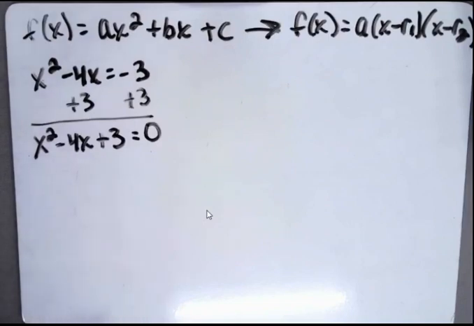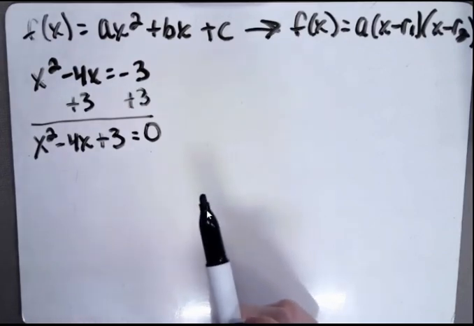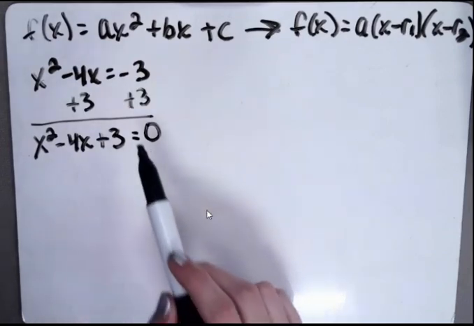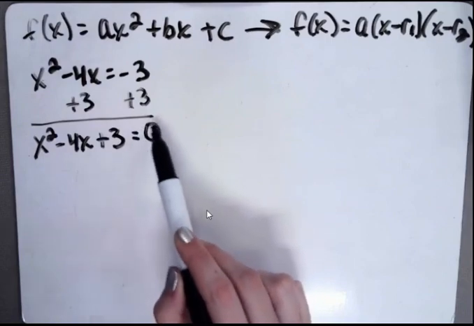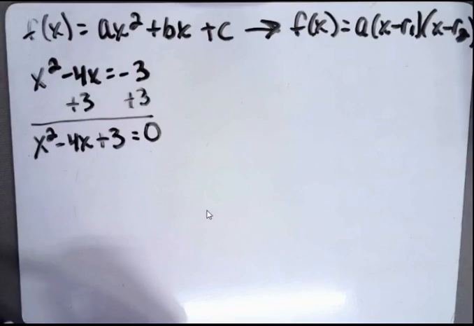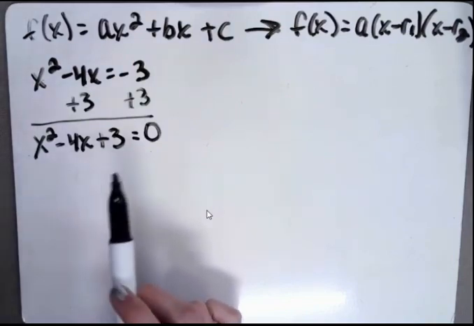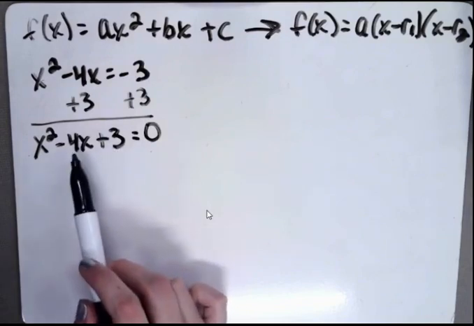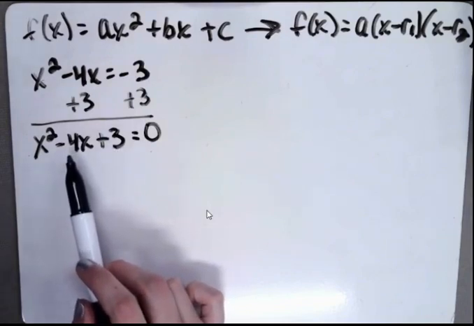Once I have one side of the equation equal to 0, then I'm ready to begin the factoring process. This is because, again, we're looking for the x-intercepts. The x-intercepts are when the y value of a function is 0, when the function output is equal to 0. So my next step is to look for two numbers that multiply to the c value of the function and add to the b value.